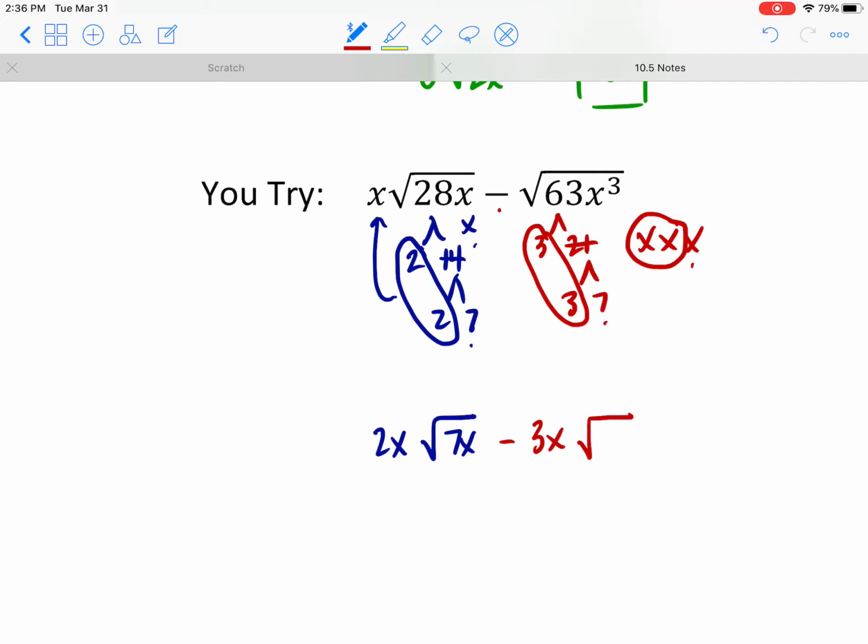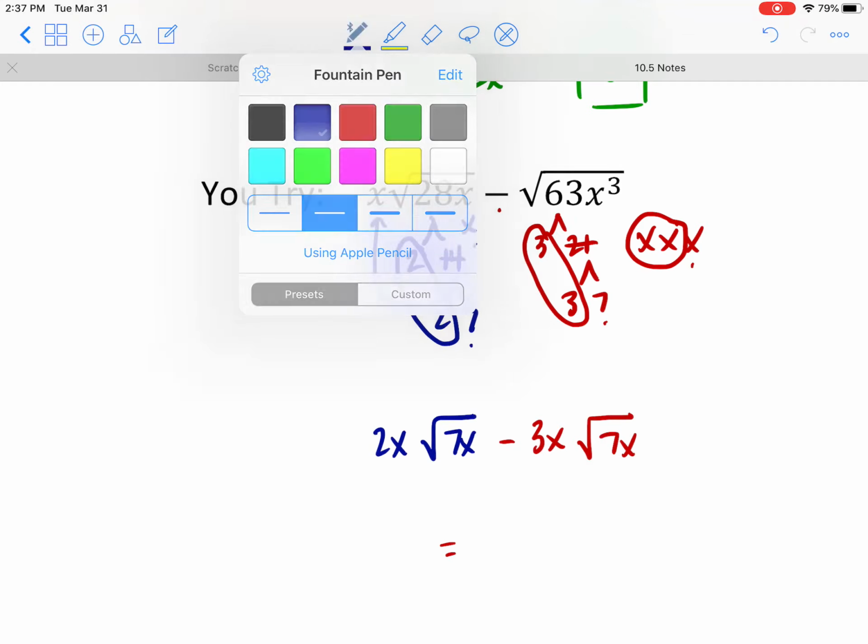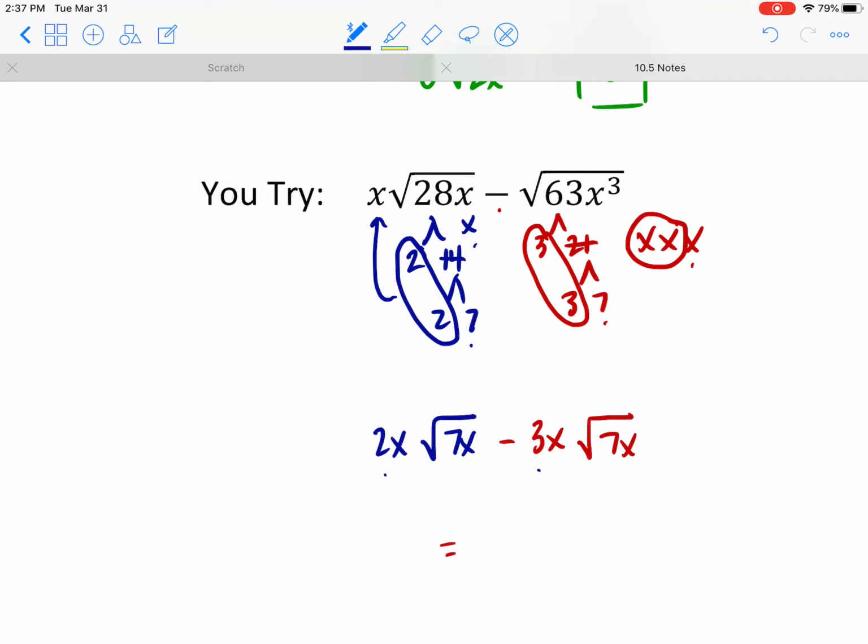And I've got 3 x's, which means one of those comes out as well. So we've got a minus, a 3 and an x come out, and left over in the square root, a 7 and an x. So this one worked out a little bit better, like radicals and like coefficients. So when we put these together, 2 minus 3 is going to leave me negative 1x in front of my radical 7x. And there it is.